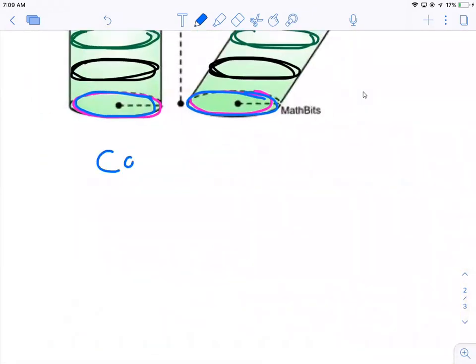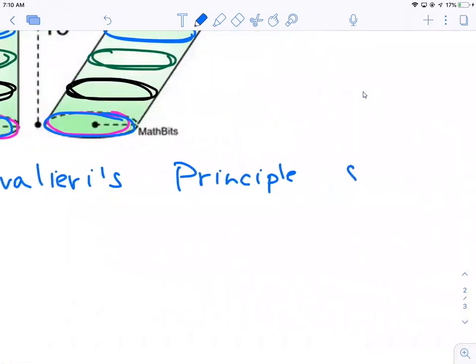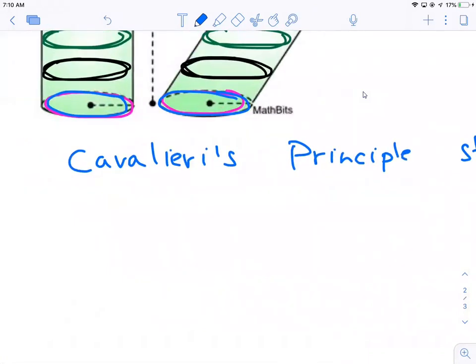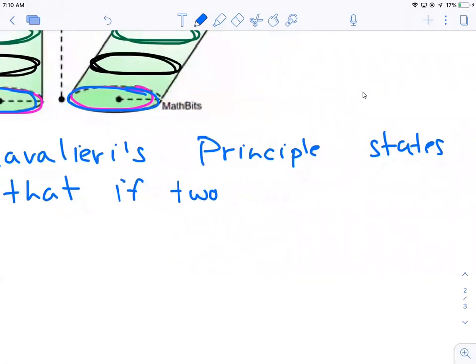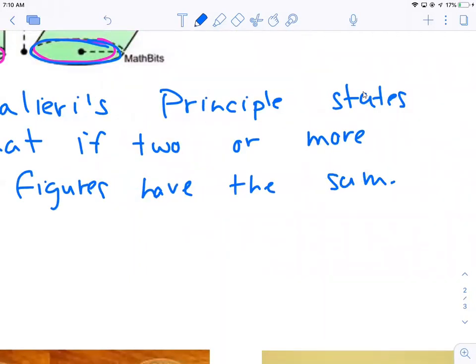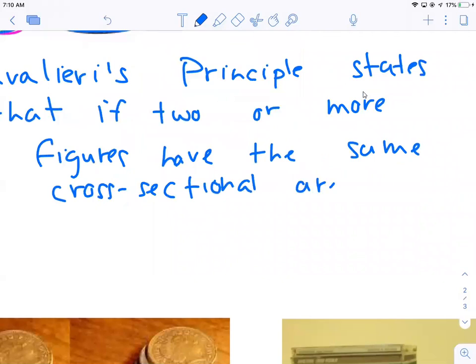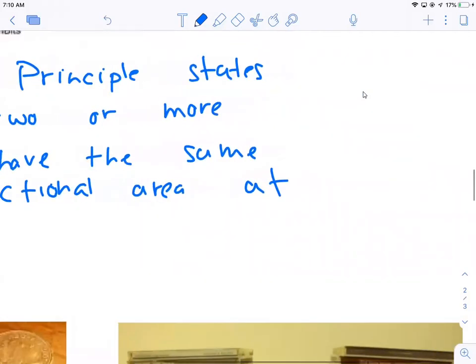So let's write this down. That is Cavalieri's principle. Cavalieri's principle states that if two or more figures have the same cross-sectional area at every level.